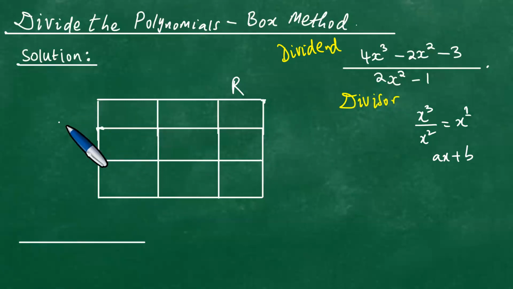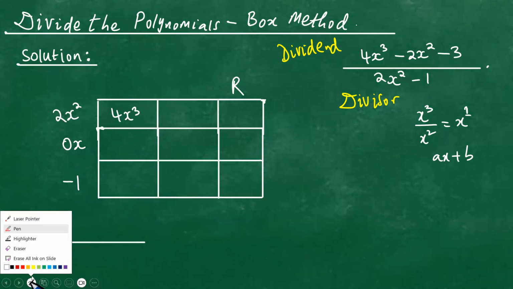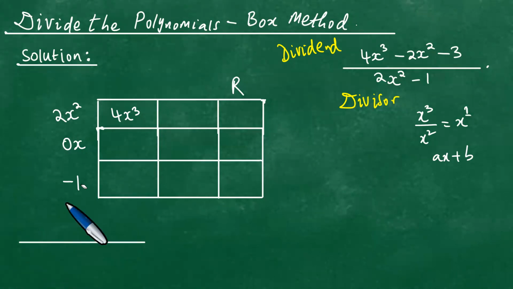We realize that the divisor is twice x squared, but there's a missing linear term there, the 0x term, minus 1, which is the constant term. We have 4x cubed, the term with the highest degree.